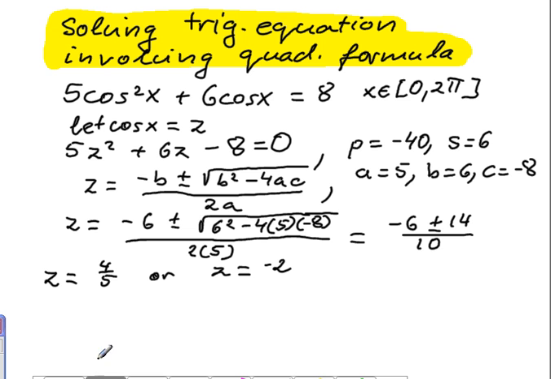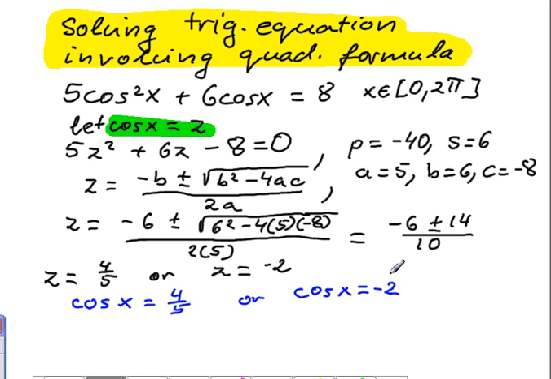So now, just remember, cosine x is z. All right. So what are we going to do? We have to solve it for x. So cos x is equal to 4 over 5, or cos x is equal to negative 2.